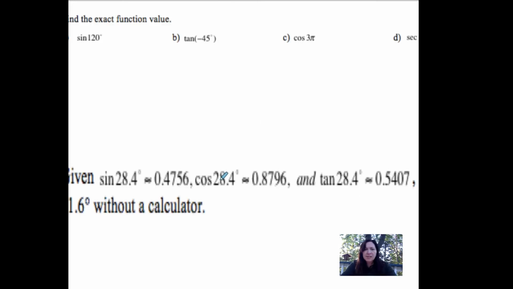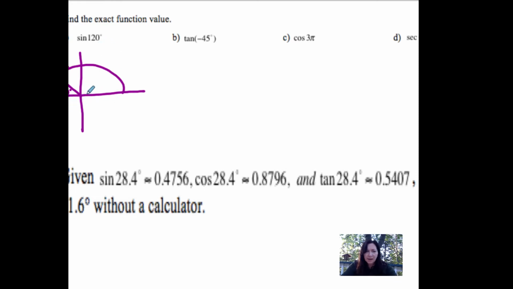The next question says, find the exact value. So for this right here, sine of 120 degrees. 120 has a 60 degree reference, this being root 3, here's 2, here's negative 1.